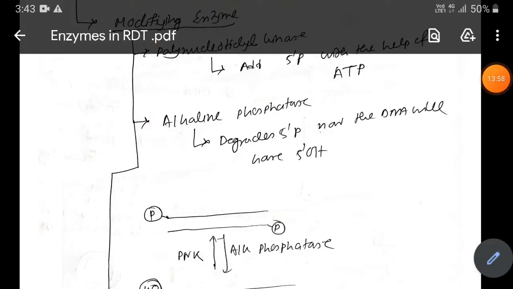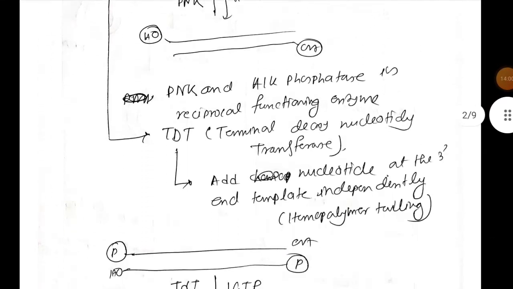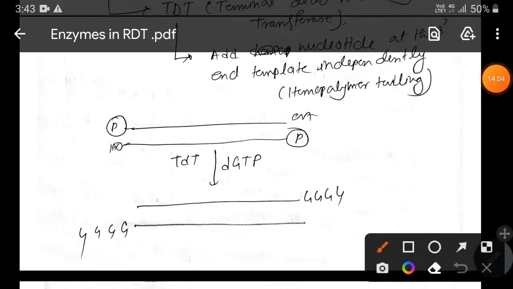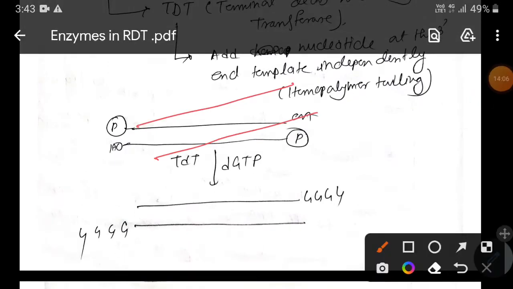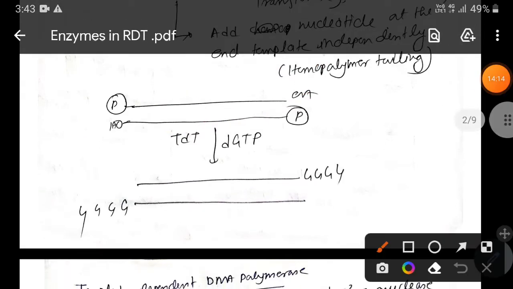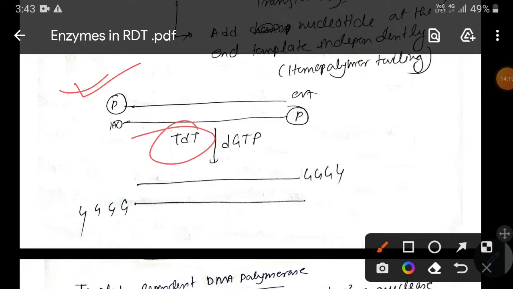And if we want to label the 3' end, then we should go for TdT. Now let's see why this TdT can label the 3' end. Although I have drawn the picture here, you have to add terminal deoxynucleotidyl transferase in the presence of only one kind of nucleotide.